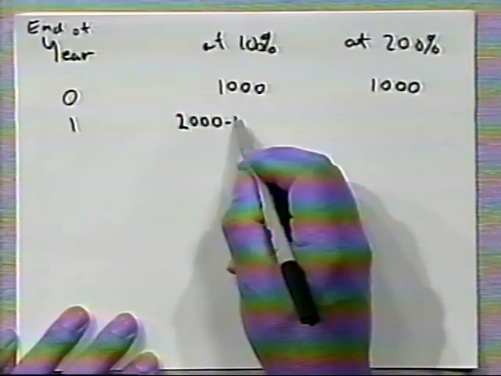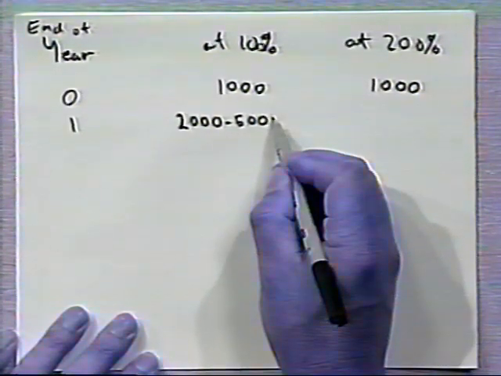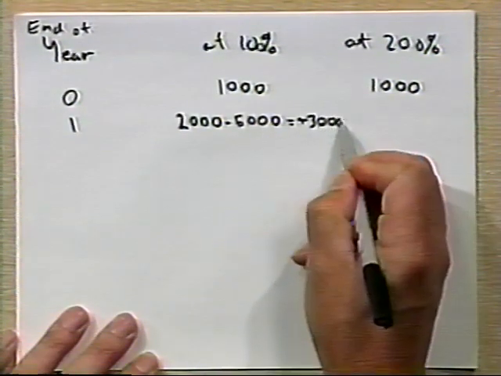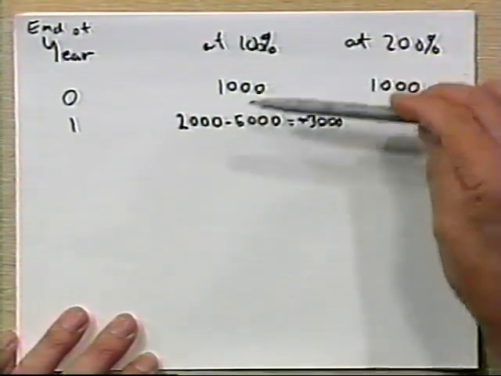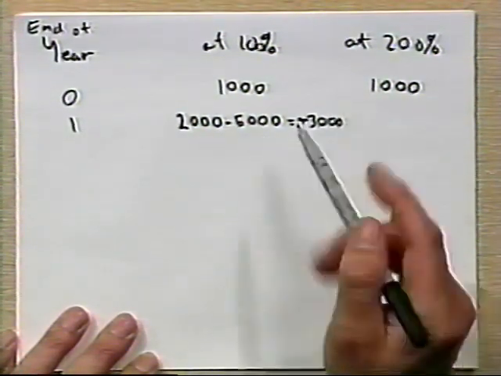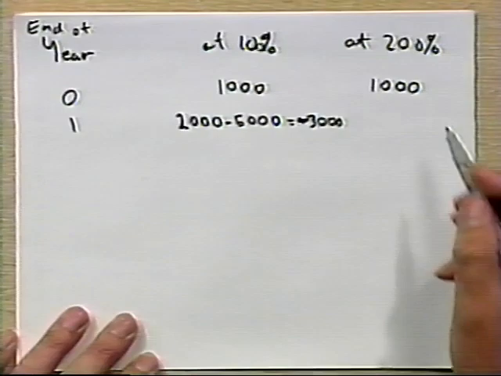However, we have to pay $5,000 at the beginning of the second year, leaving us minus $3,000. Right? So we start with $1,000. It earns 100% interest, giving us $2,000. We have to pay $5,000, so we're out $3,000 at the end of the first year.